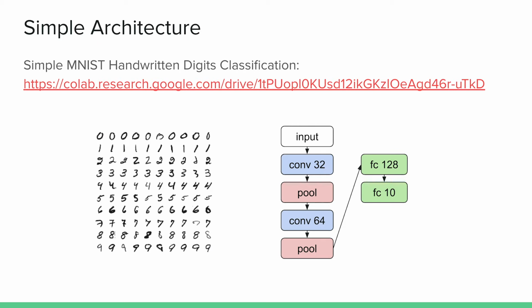We apply a pooling operation to bring it down to a 16 by 16 image. We do another convolution with 64 features, another pooling operation, and then feed that into the first fully connected layer with 128 output neurons, and ultimately the final fully connected layer, which only has 10 outputs, and then the softmax layer. The last one has 10 outputs because we have 10 different digits, 0 to 9.